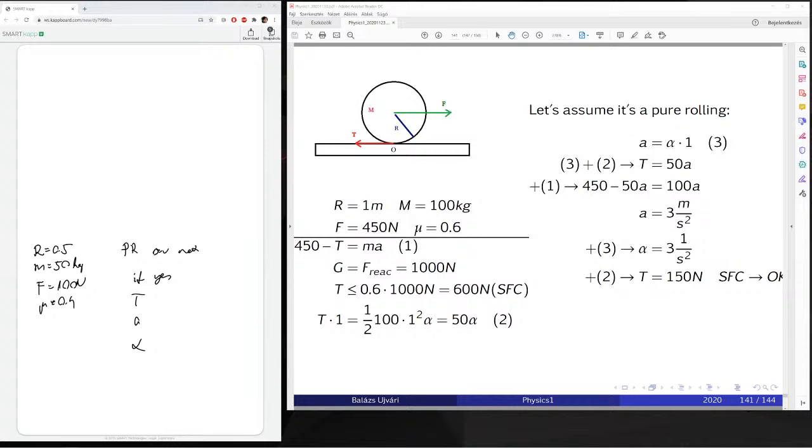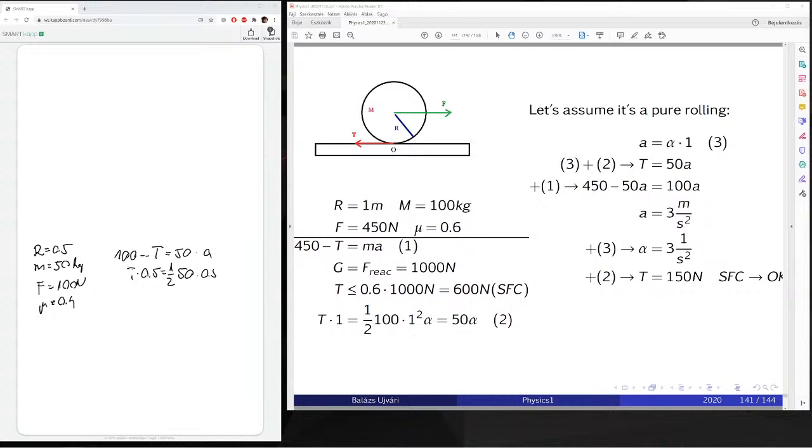All right, let's solve it together. I do not draw it again, so you can see the drawing on that plot. So 100 minus T equals 50 times A. Equation 1. T times 0.5 equals 1 over 2 times 50 times 0.5 squared times alpha.